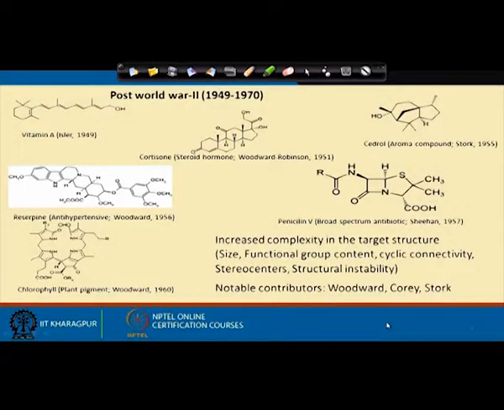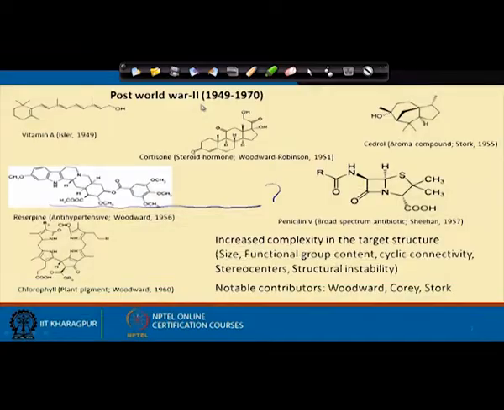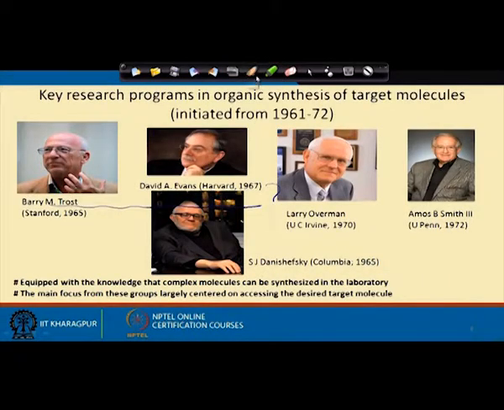Now, coming to the historical perspective, we have discussed a few points, and let us go a little bit further ahead. The molecules which have been synthesized after that decade, we will try to focus on 1949 and 1947.